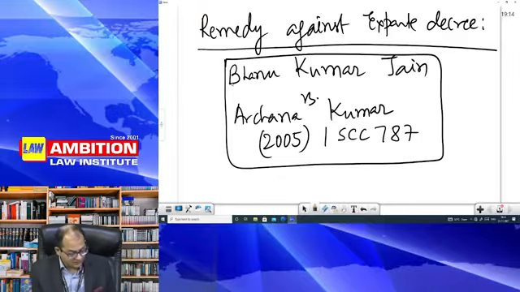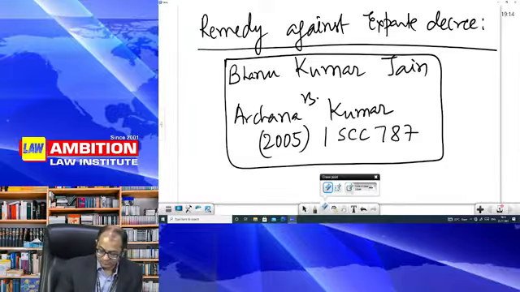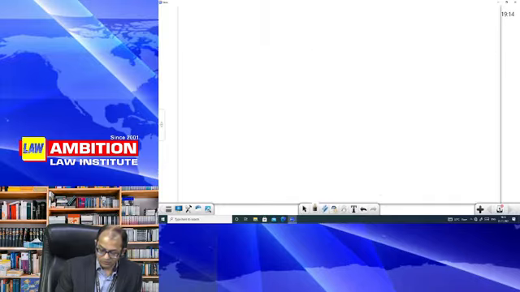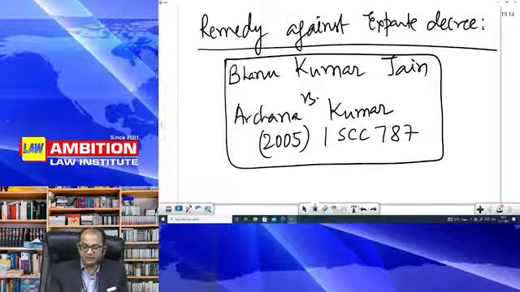Bhanu Kumar Jain versus Archana Kumar, 2005 1 SCC, page 787.